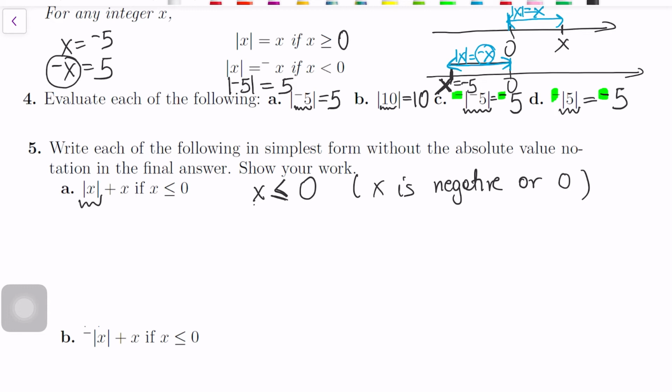So if x is negative, the absolute value of x cannot be equal to x. Remember, x is negative, for example, negative 5. The absolute value of negative 5 cannot be negative 5. If x is negative, the absolute value must be its opposite, because the opposite of a negative number is positive.